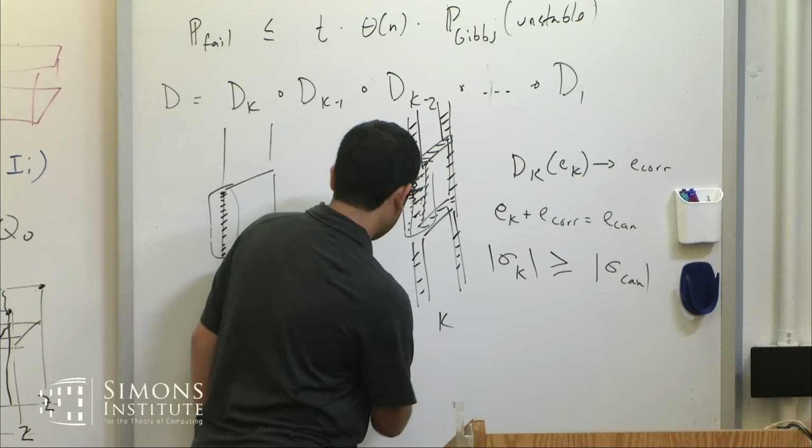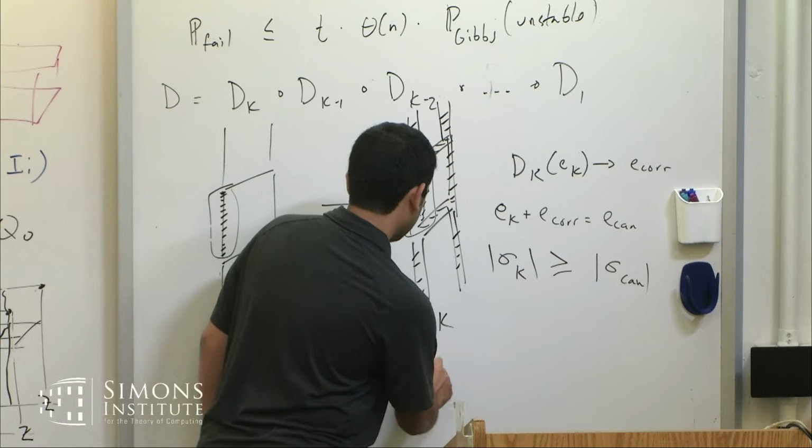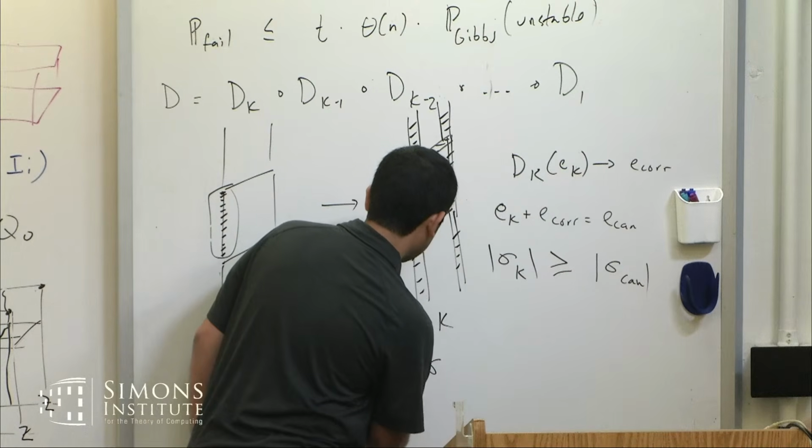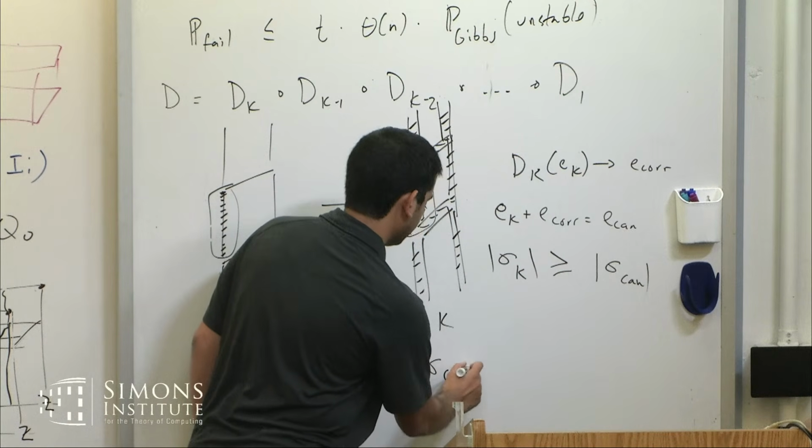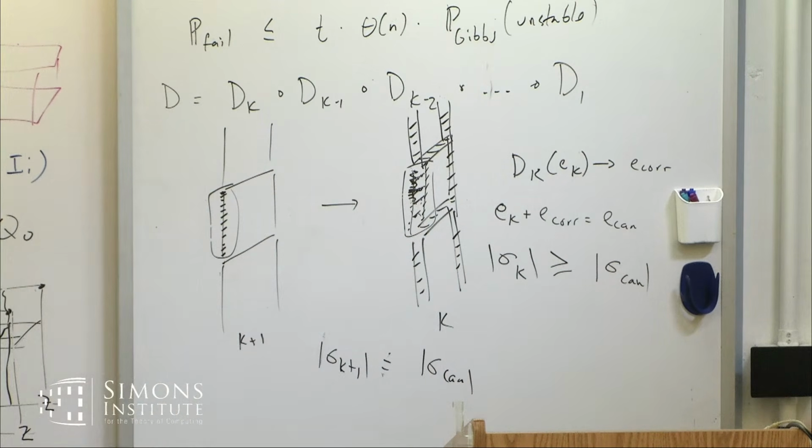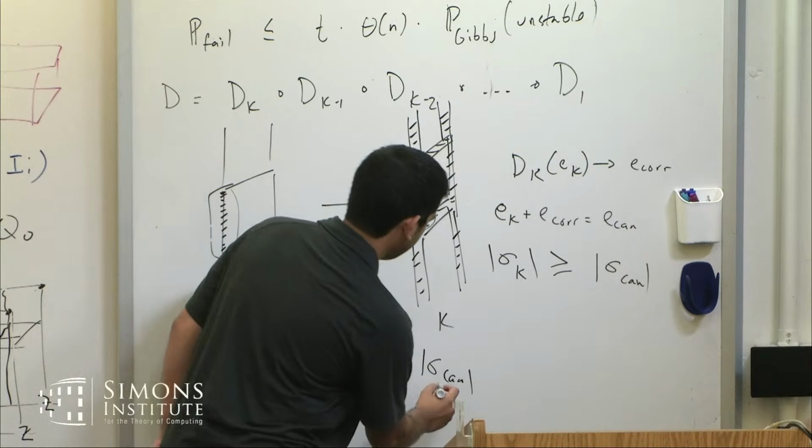It's less than or equal to, sorry, it's equal to the canonical syndrome weight divided by 2.